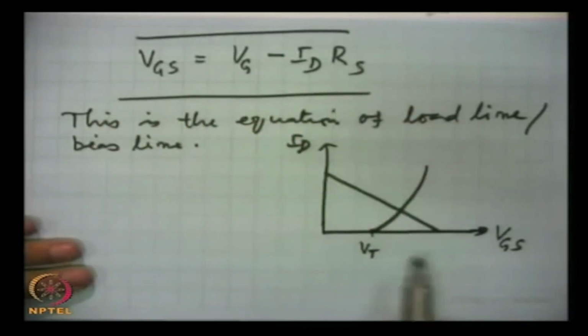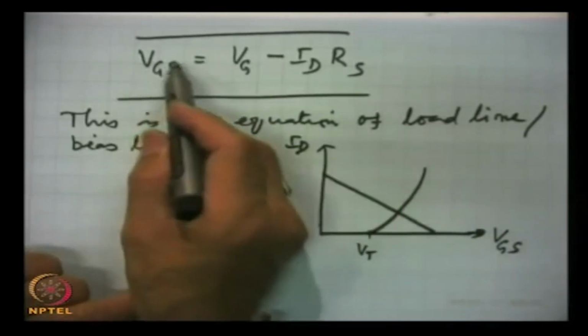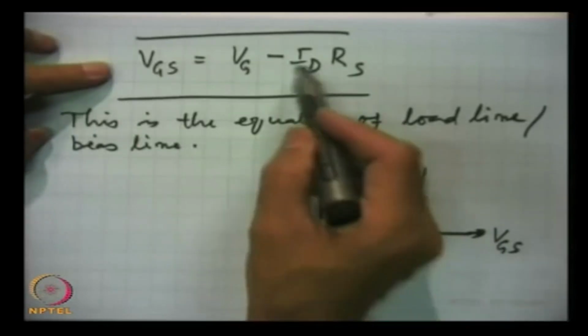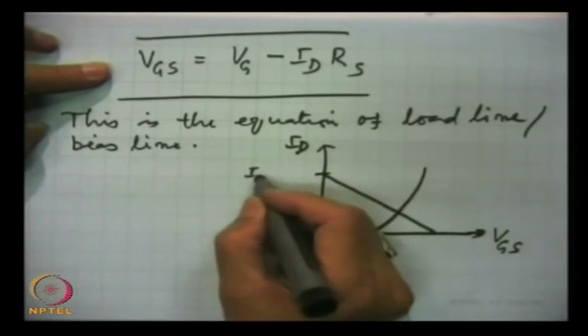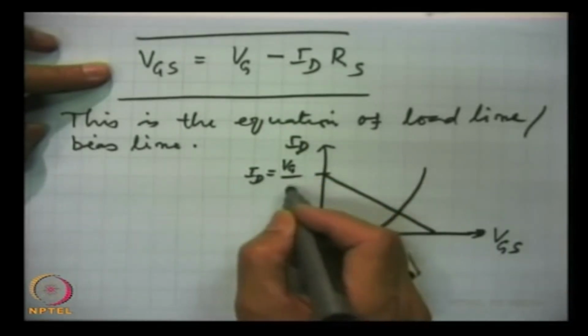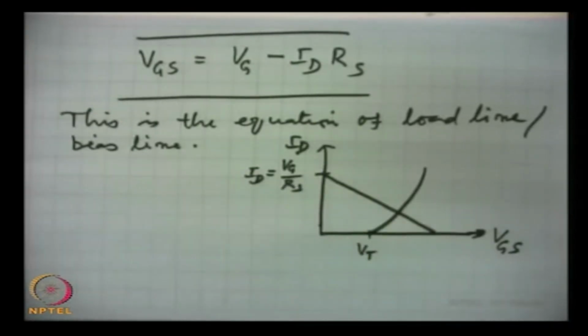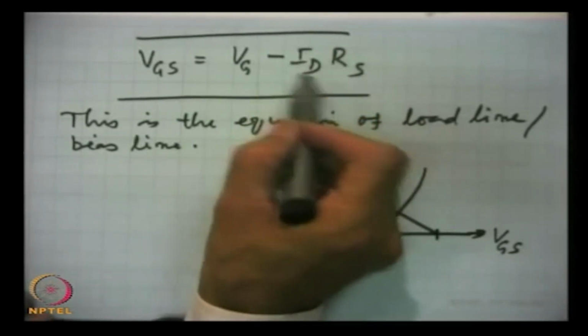From here, at this point, VGS is 0. When VGS is 0, then from here we will get ID equal to Vg by Rs. This is the point, and to get this point here ID is 0.